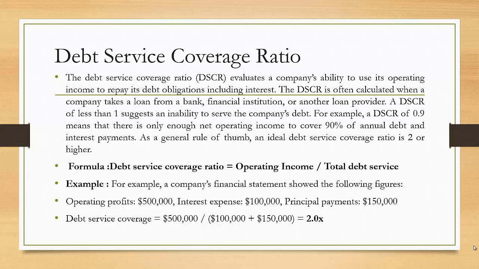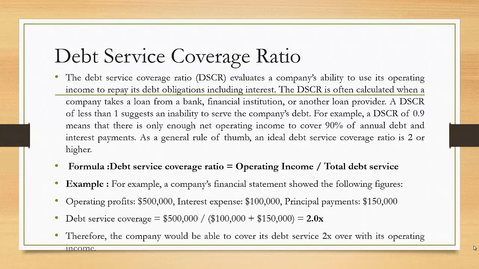When we put these values into the formula, the debt service coverage ratio will become 2. It means the company would be able to cover its debt service 2 times over with its operating income.